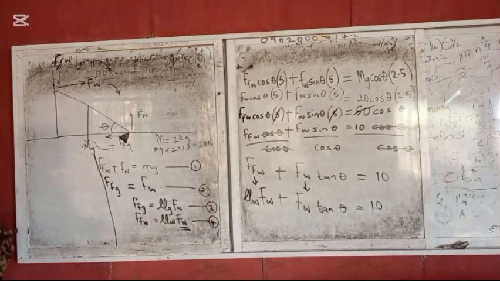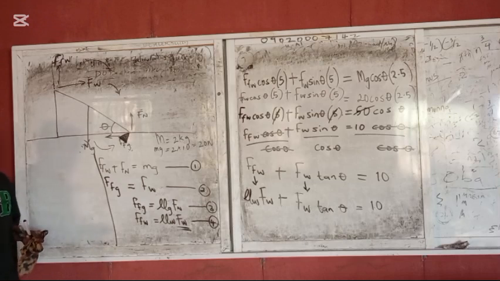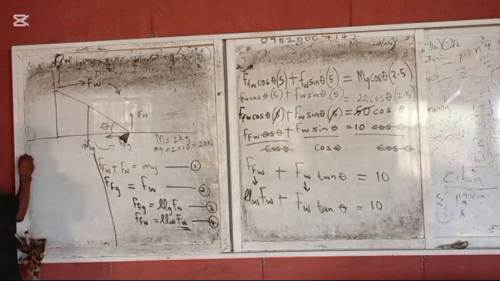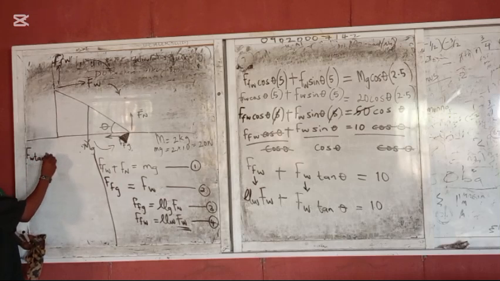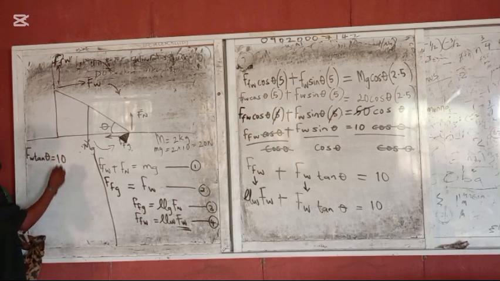Alright, so I now have that this is going to be the same thing as saying FW tan theta is equal to 10.